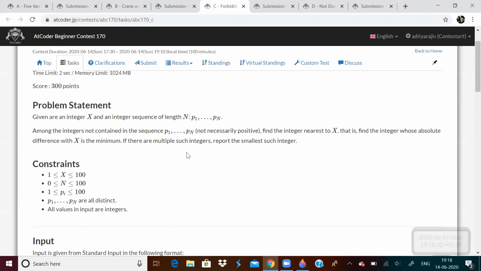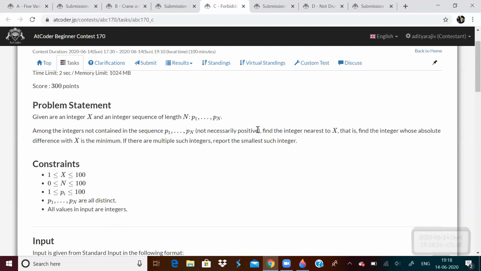Problem C, we are given an integer x and an integer sequence of length n, p1, p2, pn. So among the integers not contained in the sequence, we need to find the integer nearest to x. And this integer need not be positive.